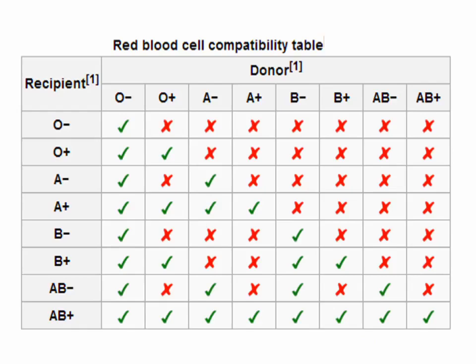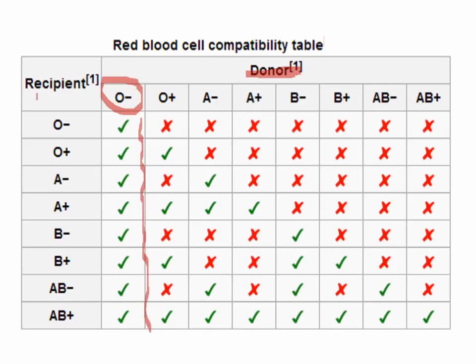So here is a table summarizing the 8 different blood groups for the donor and the recipient. If we look here, we will find that the donor O negative can donate to all of the other blood types, right?